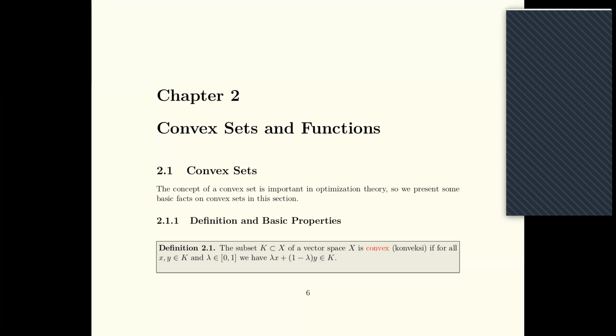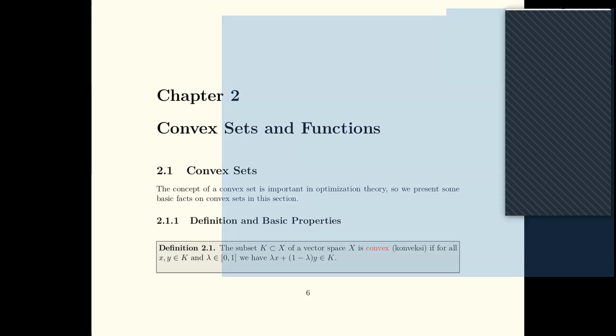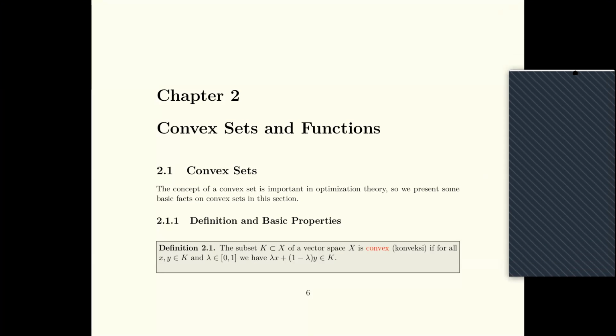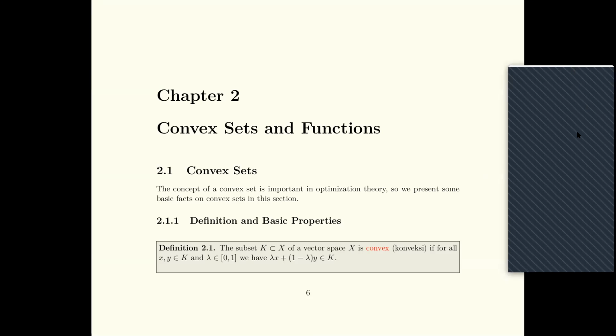In particular, the concept of convexity, both in terms of functions, meaning the cost function, and in terms of the sets that make the feasible set. In both situations, convexity is a very necessary, well, not necessary, but very helpful property.